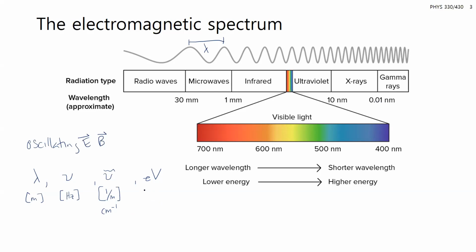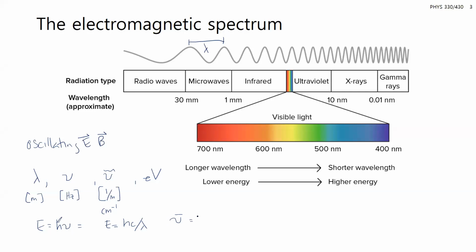So all of these different units can be used to describe the different ranges of the electromagnetic spectrum. But depending on the fields that you're in, the type of spectroscopy that you're using, people will use different units. So just be aware of that and the relevant equations for shifting between these. If you want to go from wavelength to energy, it would be Planck's constant times the speed of light over the wavelength, or Planck's constant times the frequency.